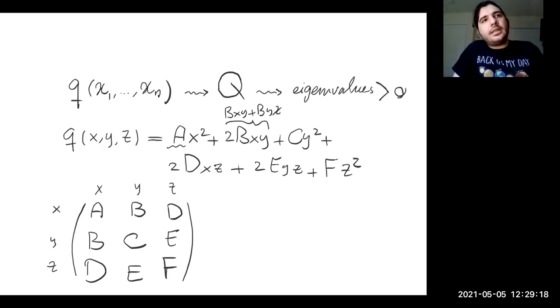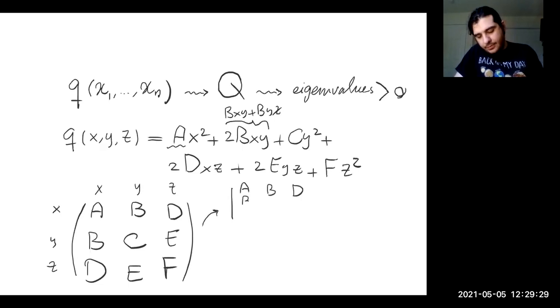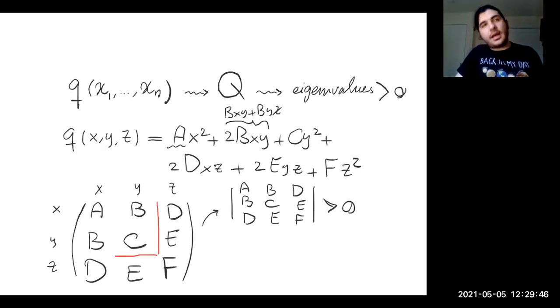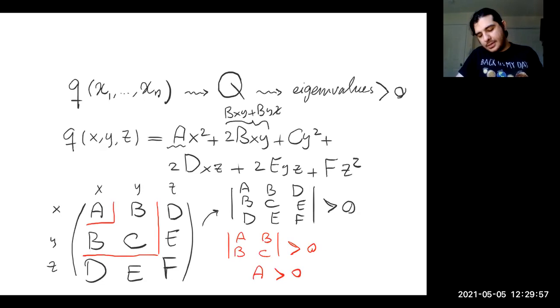And there's a funny way of saying that these matrices should have positive eigenvalues. If the eigenvalues are positive, the determinant should be positive. There's a way of saying all the eigenvalues here are positive. It would be actually equivalent to saying the determinant of this matrix is positive, the determinant of this submatrix is also positive, and the determinant of this submatrix, which is just the number a, should also be positive.